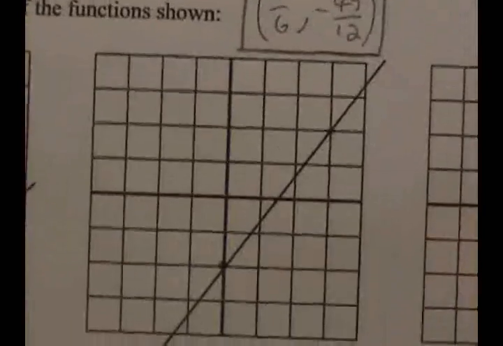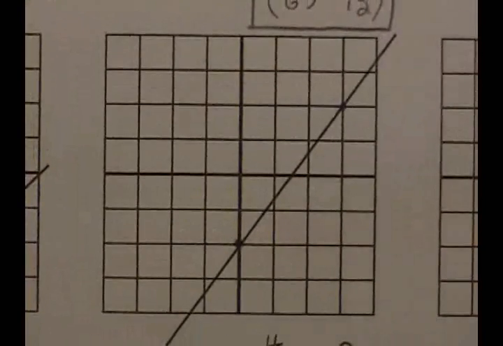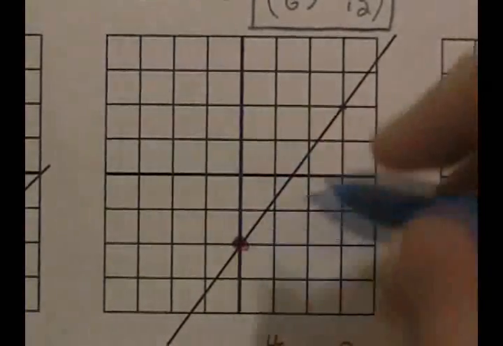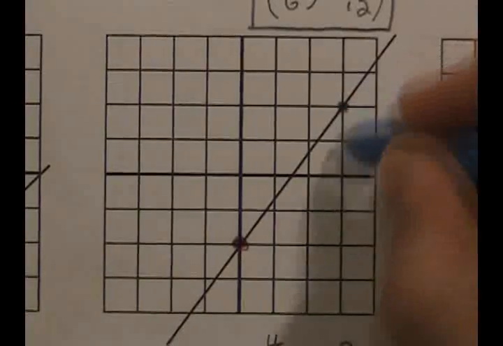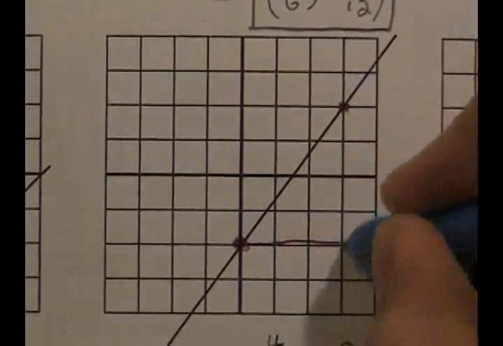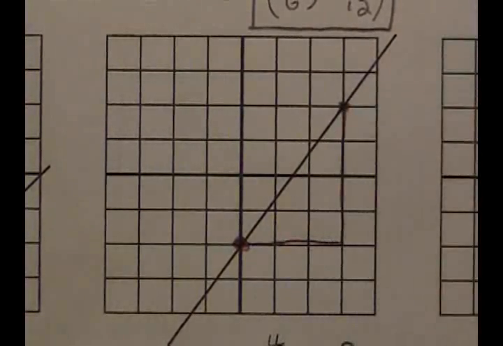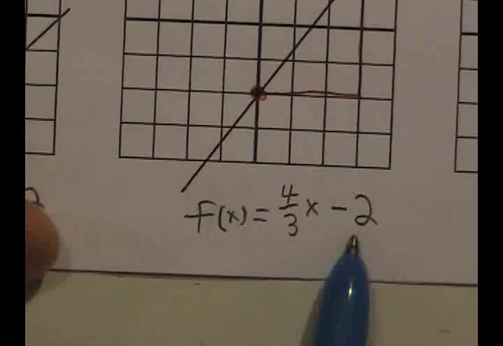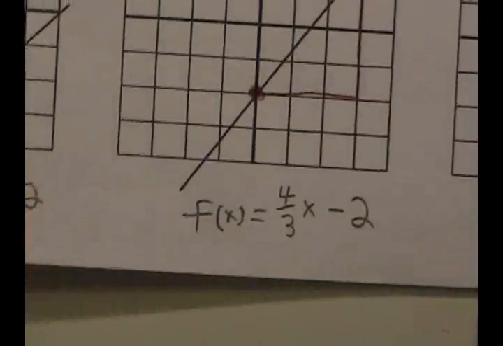The second one is a line whose y-intercept is -2. I got these 2 points here, and since I go over 3 and up 4, the slope is 4/3. So I just put that in straight up, mx plus b. It's 4/3 x minus 2.